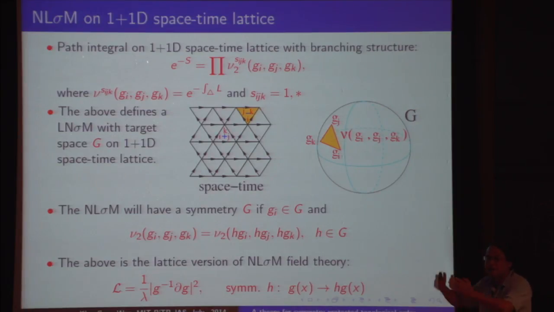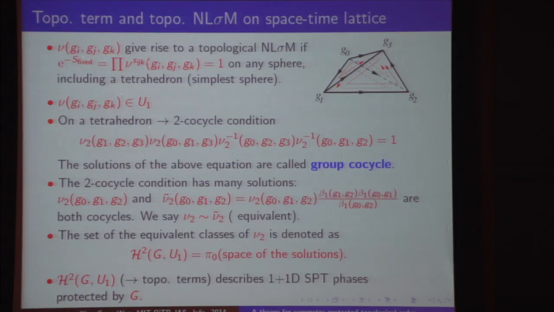So can we find such a nu? The answer is yes. Here I'm talking about a 2-dimensional example. In 2 dimensions, the simplest sphere is a tetrahedron formed by 4 triangles. That is simply the space-time sphere. So can we at least find a nu such that on this simplest space-time sphere, the partition function is equal to 1? Let's write down this condition.